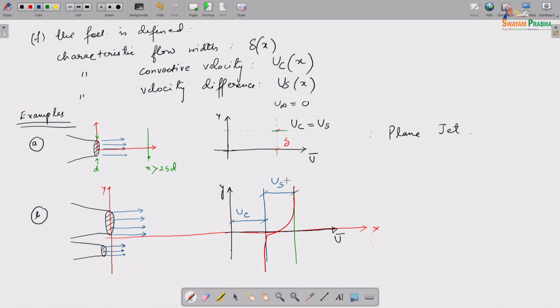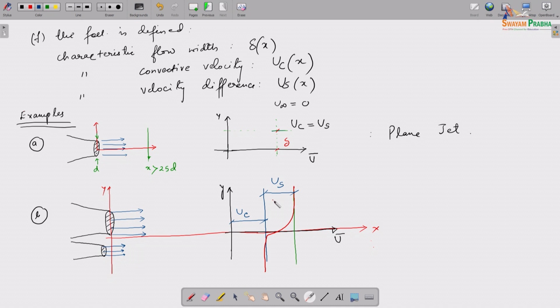So as you can see, as I move along x, both the jets are going to decay. So this is also going to decay, right. So therefore us and uc both are functions of x. So it will look something like this essentially.